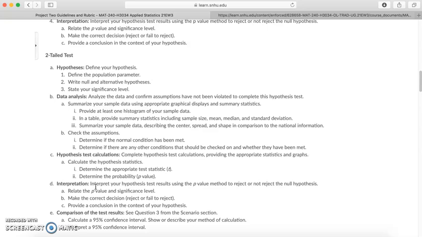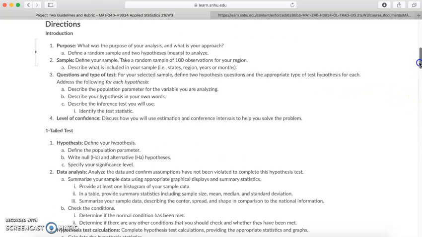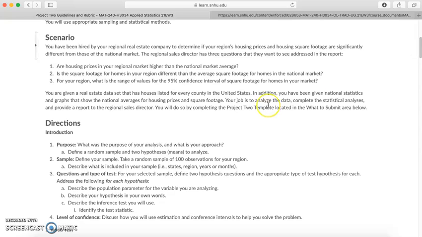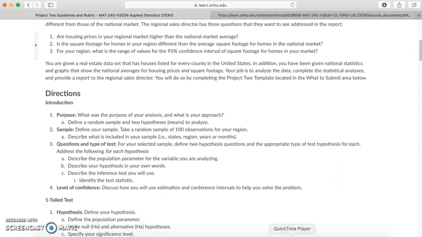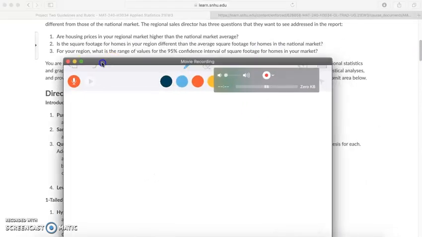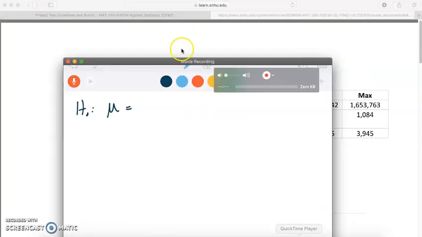All right, so here we have a two-tailed hypothesis test. So let's go ahead and set up that hypothesis looking at this sample data. Let's go back up to number 2 up here. Here we were saying, is the square footage for homes in your region different than the average square footage for homes in the national market? So here our null hypothesis H naught is going to be mean square footage equal to, and let's go back over to our national numbers.